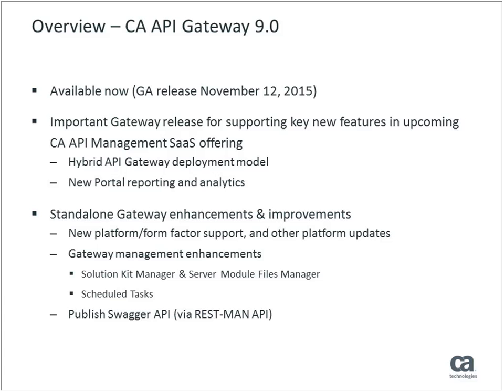But the Gateway 9.0 is also the foundation for supporting a number of new and interesting features that are found in the upcoming CA API Management SaaS offering. Specifically, these are the new hybrid deployment model and the new reporting and analytics capabilities that are found in that product.